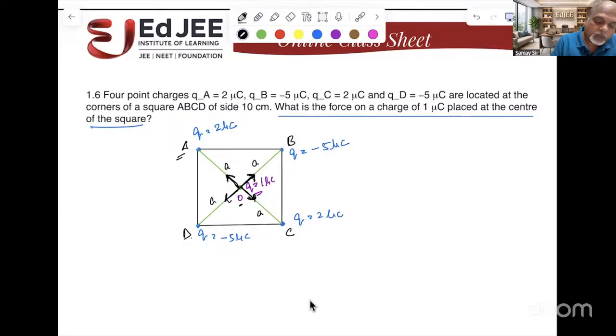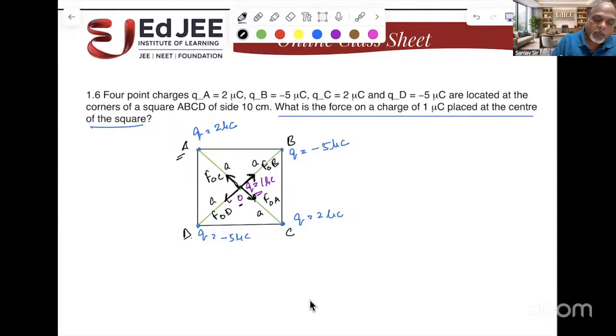Correct? So this is the force at O due to A. This is the force at O due to C charge. This is the force at O due to B, and this is the force at O due to D.